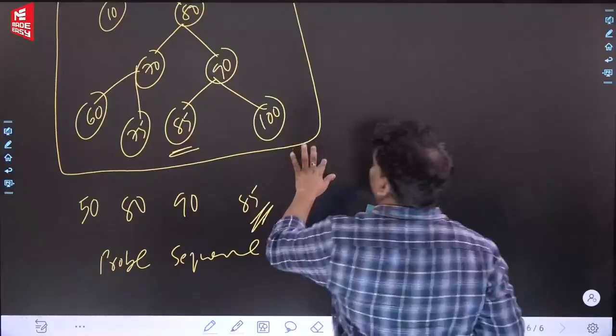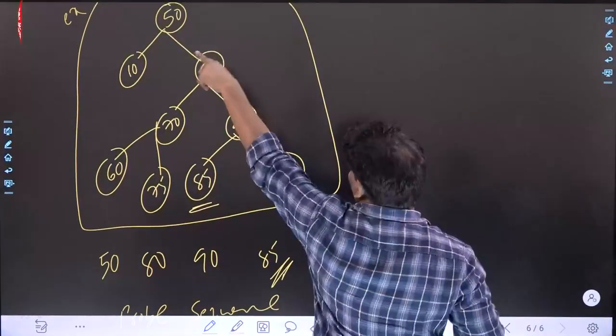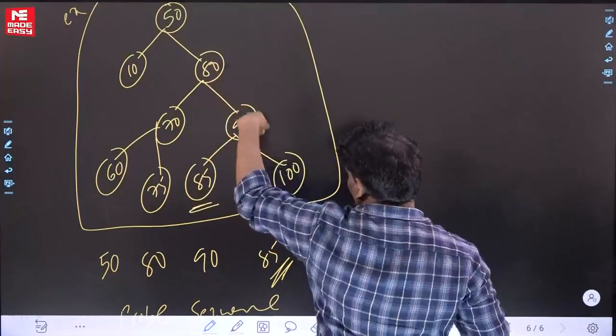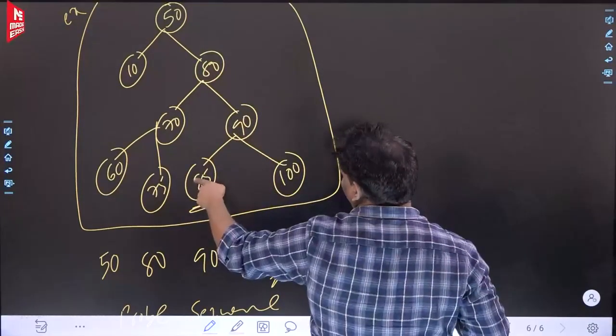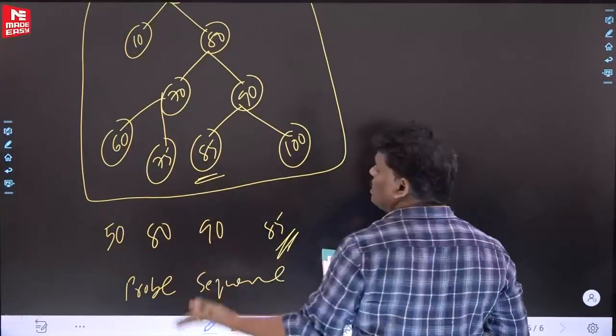In this BST, to find out element 85, the path which I followed is 50, go right, 80, go right, 90, go left, 85 is equal to 85, stop. This sequence, whatever you followed, is called probe sequence.